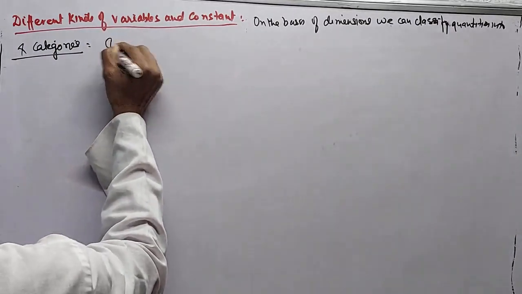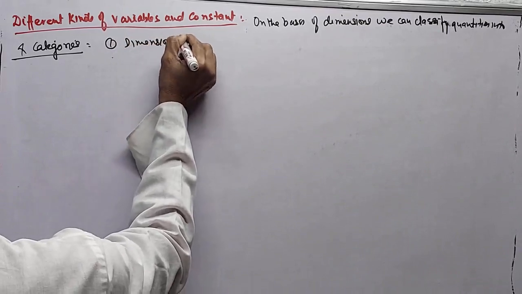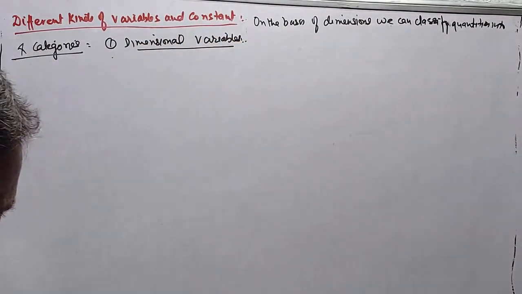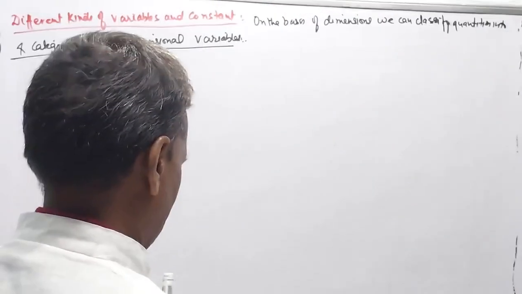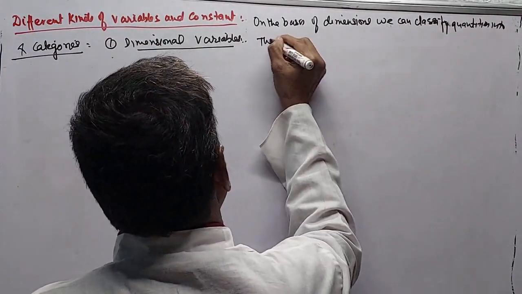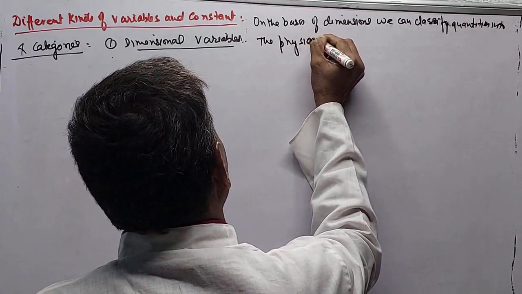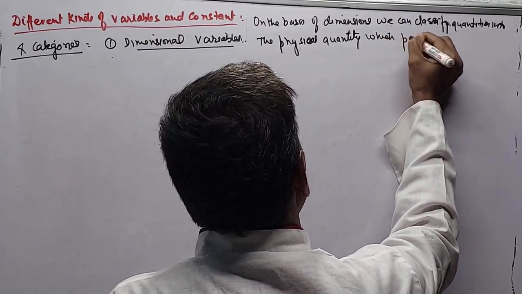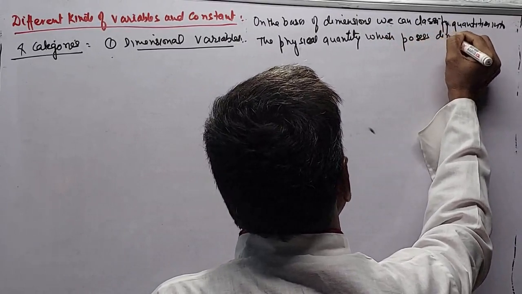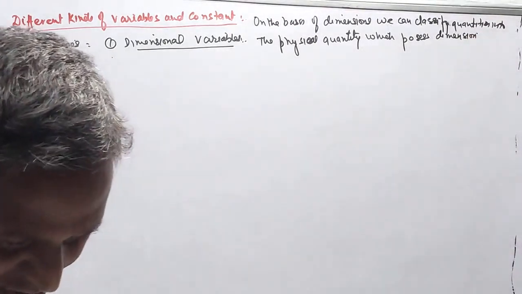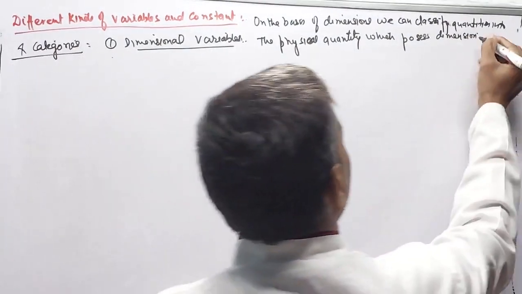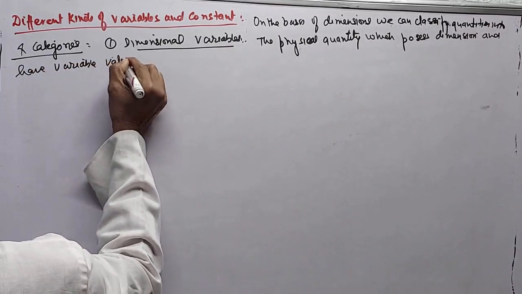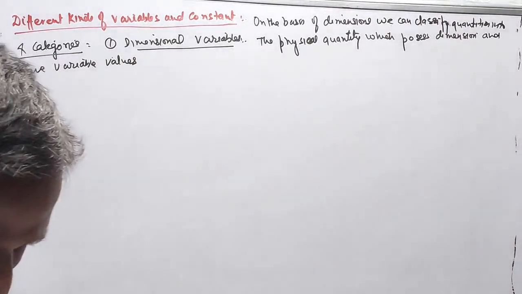Number first, dimensional variables. The physical quantities which possess dimension and have variable values are called dimensional variables.